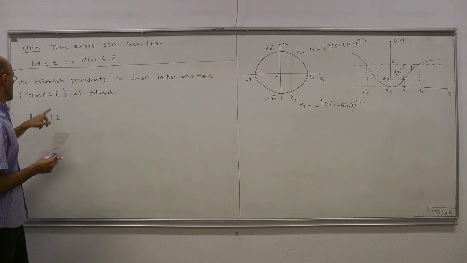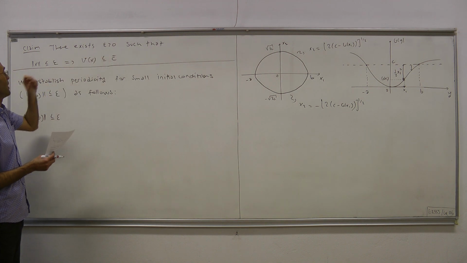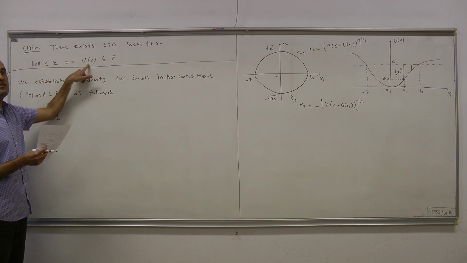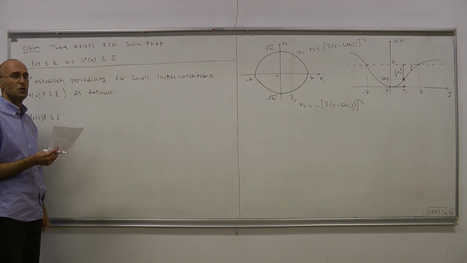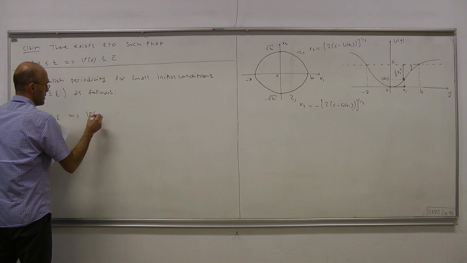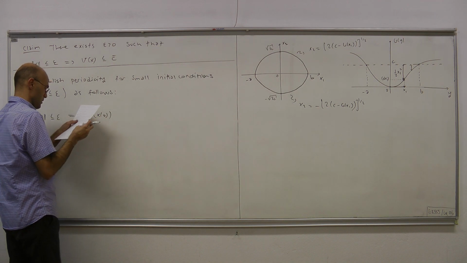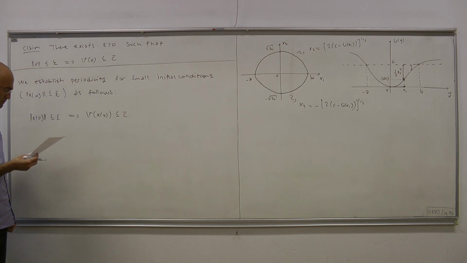If you choose the norm of initial conditions smaller than epsilon, then it's guaranteed that V of x of 0 is less than or equal to c bar.